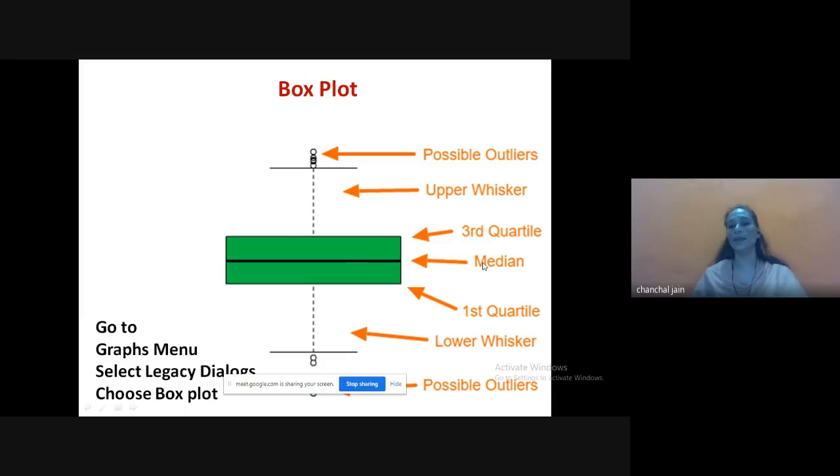Suppose this median value falls within the box, we can say the distribution is a normal distribution. But suppose this line shifts either upwards or downwards. In that case, if it goes upward, we can say the data is negatively skewed. If it comes downward, we can say the data is positively skewed. So this way we can check the normality of the data with the help of a box plot as well.